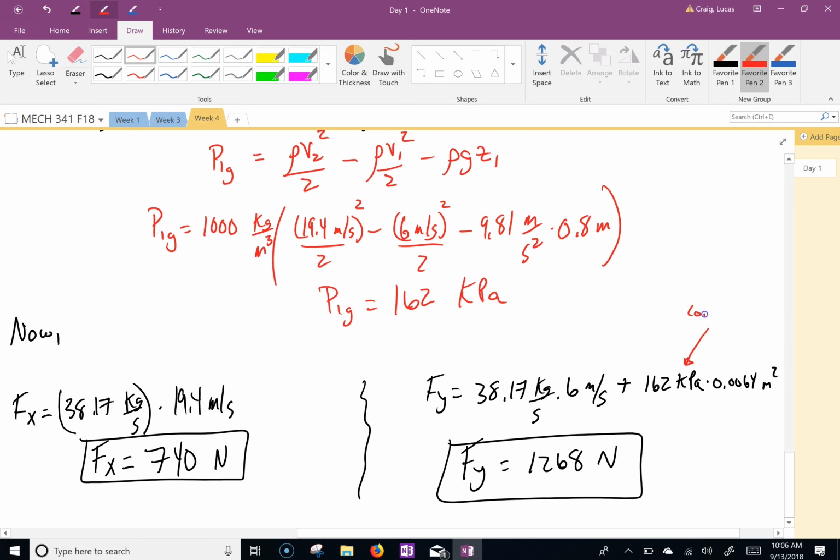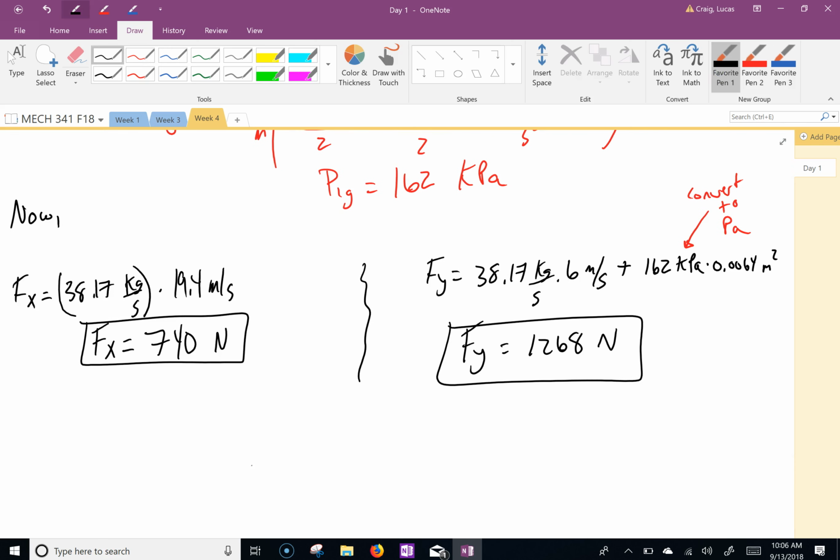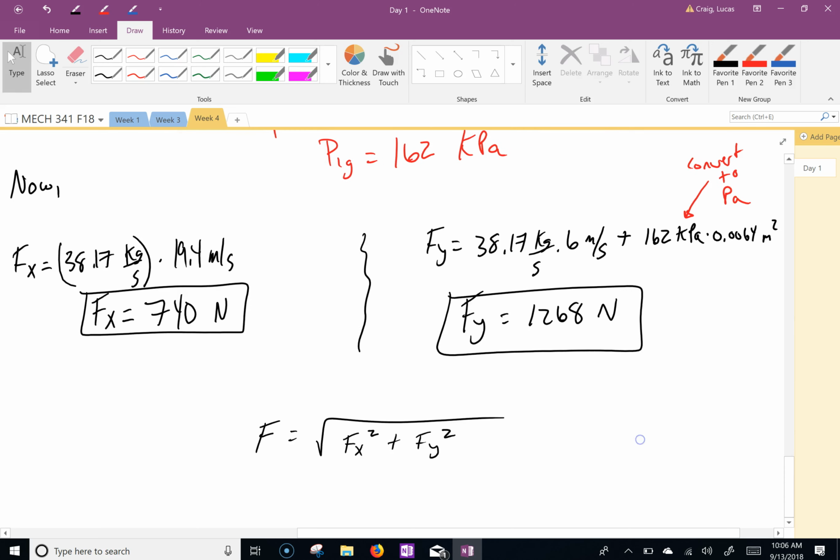Make sure you convert to pascals here. And then finally, when you do that, you get 1468 newtons.